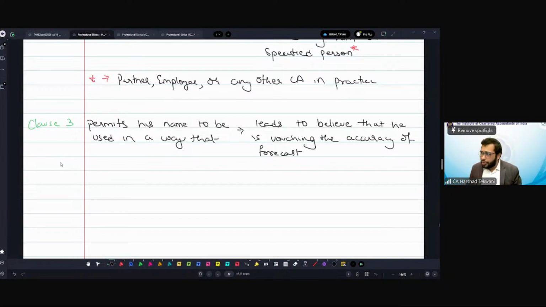Forecast is a kind of prediction or a number that I'm talking about. If you are doing that, in that case, you will be held guilty of professional misconduct.